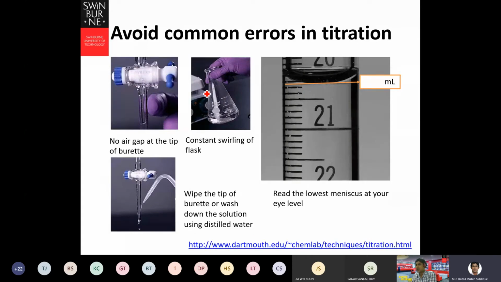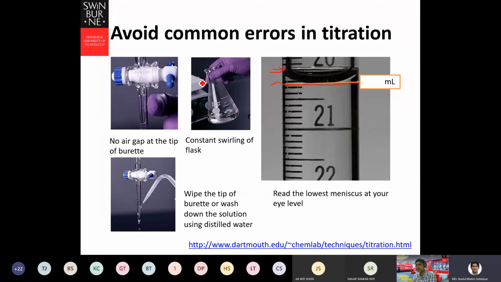So we have to see, when we fill up the burette, the meniscus, it is called the meniscus, not here. We are not taking this reading. We are taking this reading. That means 20.35. This one here, it looks like it's 20.35. Here we are not saying it's 20, right?